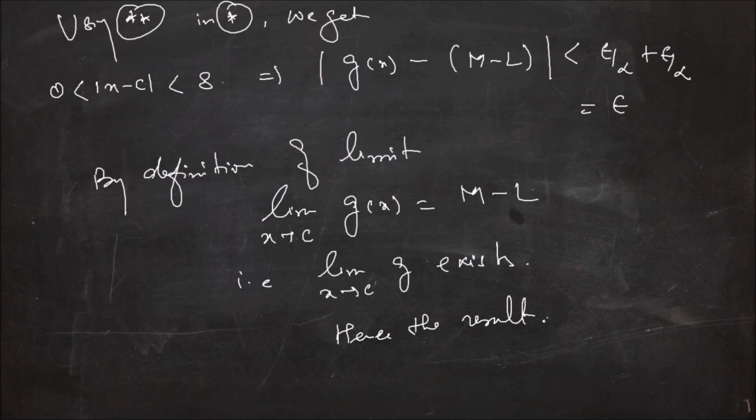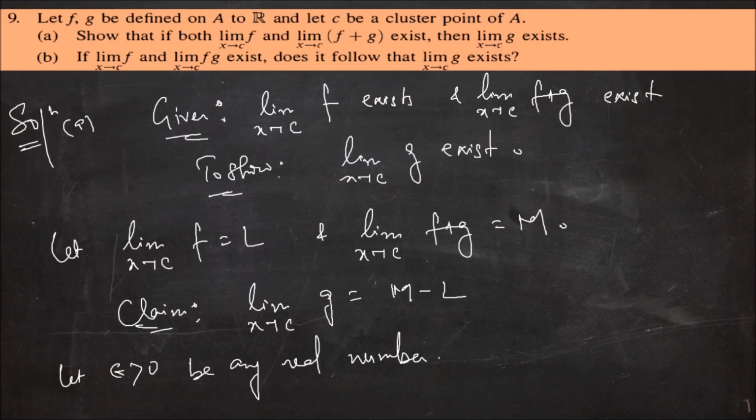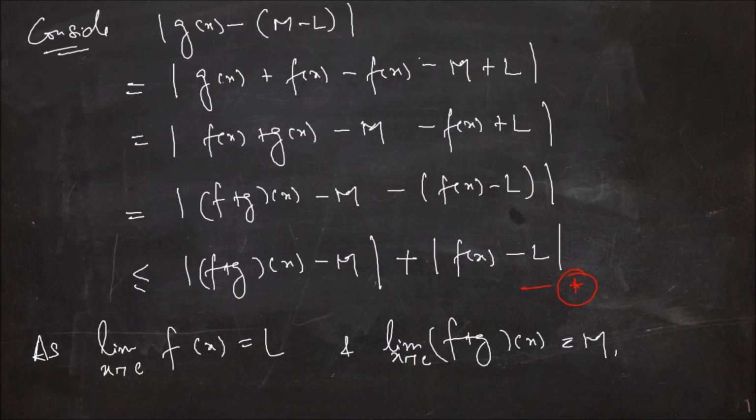Now let us prove the second part. What is the second part? If limit x tends to c of f and limit x tends to c of fg exist, does it follow that limit x tends to c of g exists? No, it does not follow. So let me give you an example.